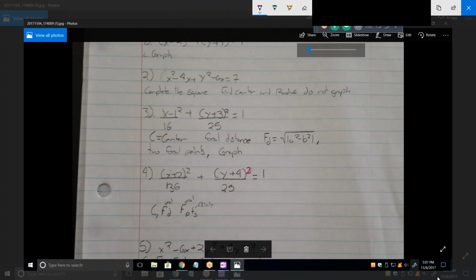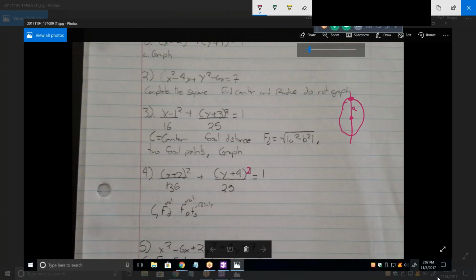Okay, so that'd be the left side, right? In the first case, the 25 was under the y. That put the major axis on the y-axis, making it vertical. That is A, the distance from the center to the major vertex.